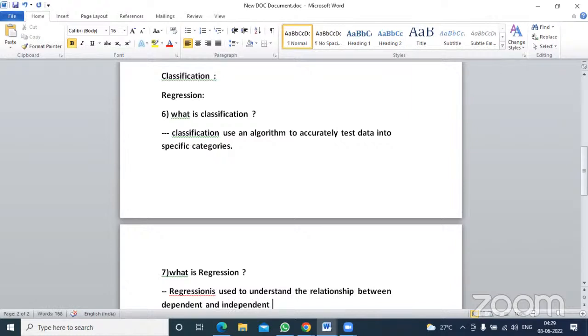You all know what dependent and independent are. Dependent means all our inputs, and independent is our output, for which we are going to get an algorithm or test our accuracy.